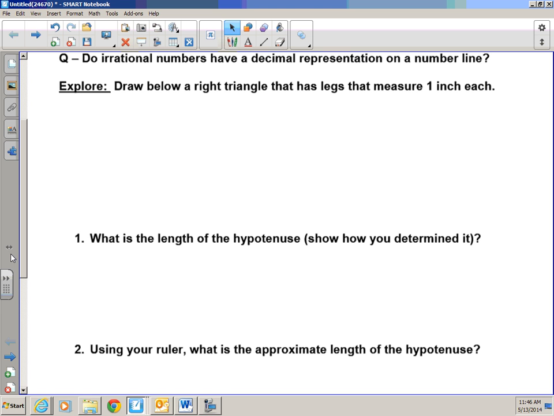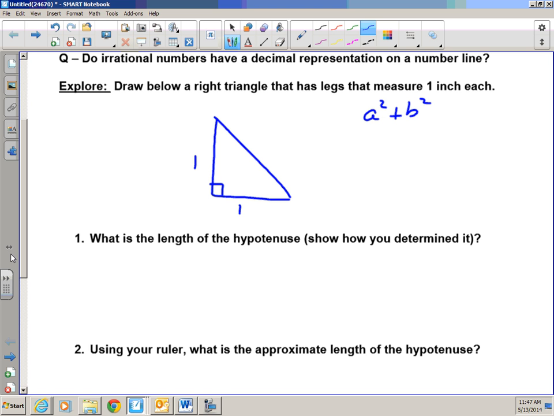Now, if you do this little exercise where you were to draw a 1 by 1 right triangle, 1 inch by 1 inch, you know the Pythagorean theorem, which we've done a little bit with, and we're going to do more in the next unit: a squared plus b squared equals c squared.